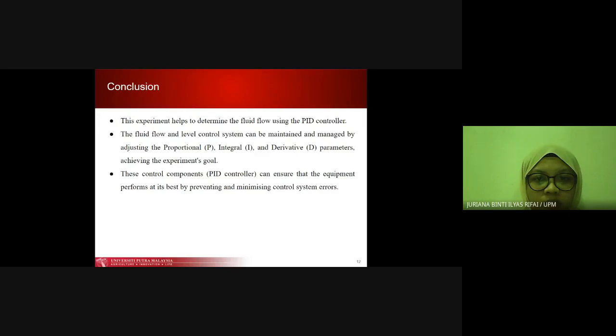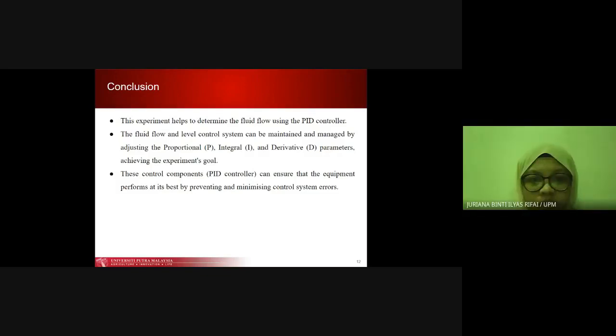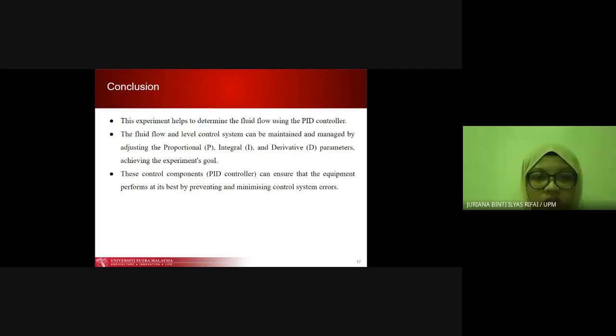The fluid flow and level control system can be maintained and managed by the integrative achievement goals. The control component, which is the PID controller, can ensure that the equipment performs at its best by preventing and minimizing control system errors. So I think that's all for the conclusion.